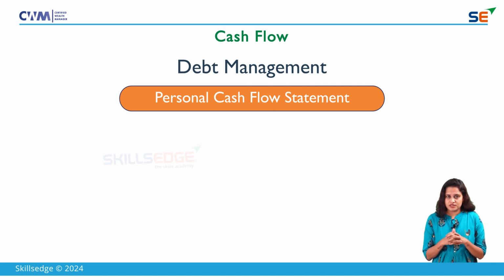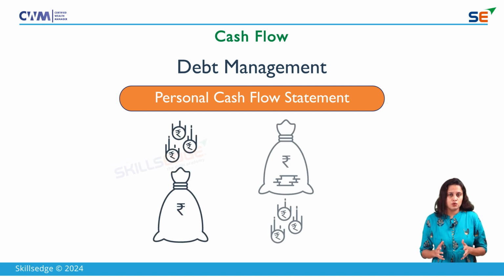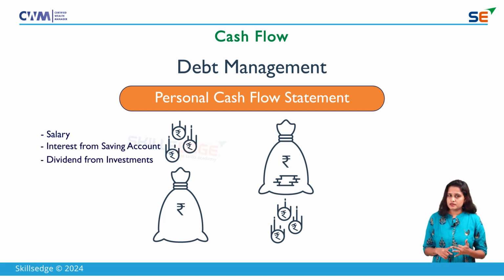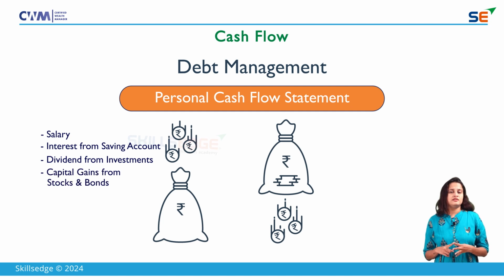Personal cash flow statement. A personal cash flow statement measures your cash inflows and outflows in order to show the net flow during a specific period. Cash inflows generally include the following: salaries, interest from savings account, dividend from investment, capital gains from the sale of financial securities like stocks and bonds.